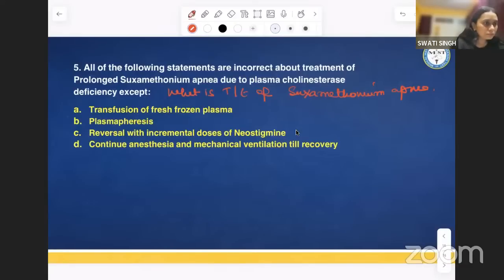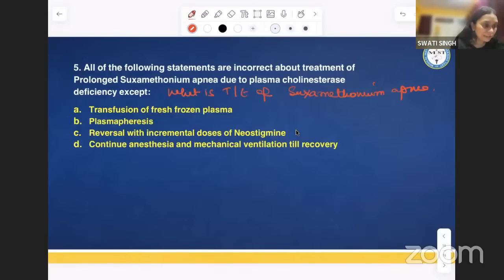You tell me. Okay, A, plasmapheresis, reversal with incremental dose of neostigmine, continue anesthesia and mechanical ventilation till recovery. All of the following are incorrect. So which is correct, guys?